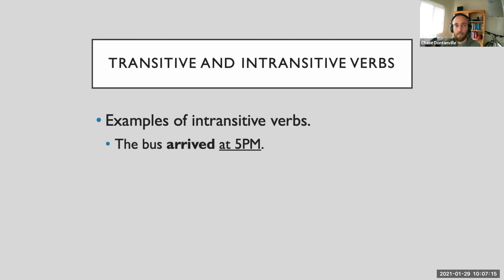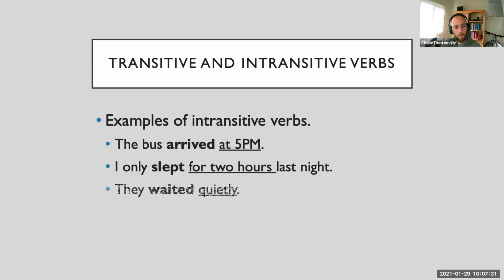At 5 p.m. is not a direct object. It's a prepositional phrase. I only slept for 2 hours last night. So sleep, intransitive verb. For 2 hours is a prepositional phrase. And they waited quietly. Wait is an intransitive verb. Quietly is an adverb.